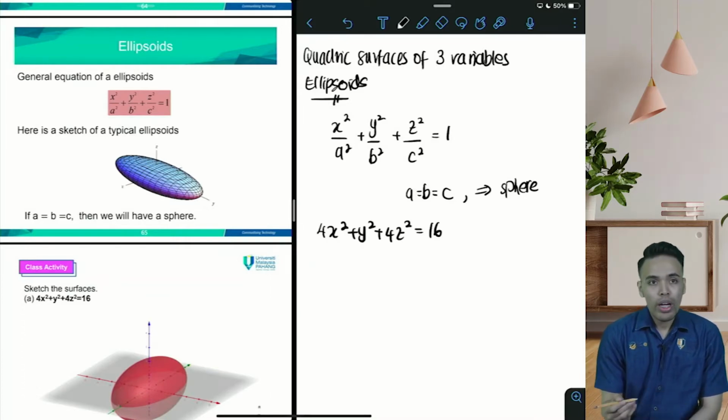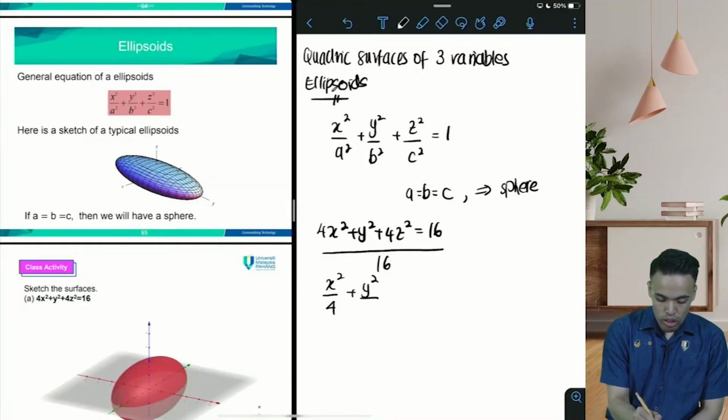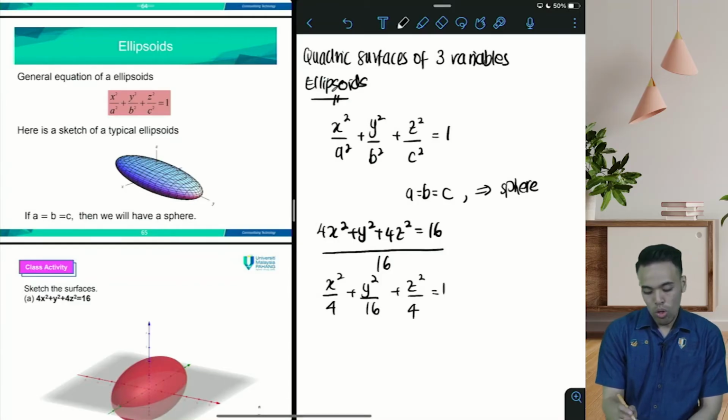Alright, you have to divide the whole equation by 16 so that it is close to the general equation. In this case, dividing by 16, you will end up getting x squared over 16 plus y squared over 16 plus z squared over 4 is equal to 1.